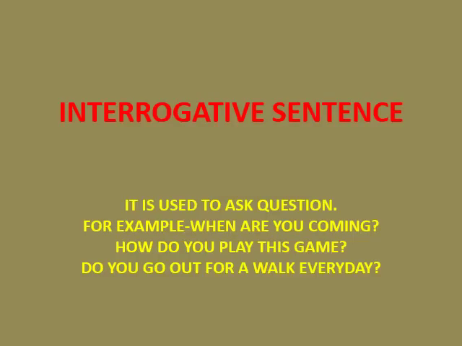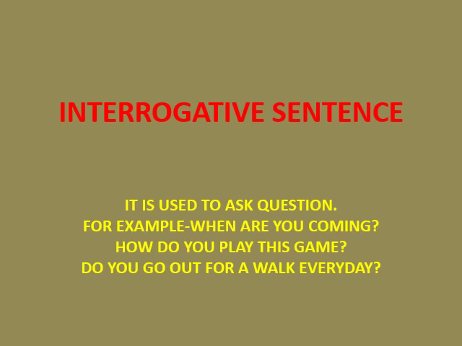Students, our next type is interrogative sentences. Interrogative sentences are always used to ask questions. The sentences in which we ask questions, like how are you, where are you going, in which class do you read, these types of sentences are called interrogative sentences.